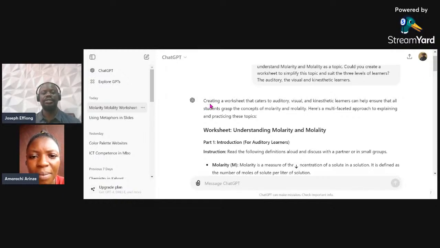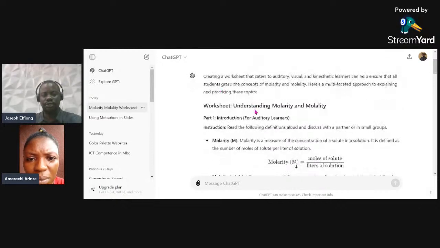Now, ChatGPT begins. Creating a worksheet that caters to auditory, visual, and kinesthetic learners can help ensure that all students grasp the concept of molarity and molality. Here's a multifaceted approach to the worksheet: understanding molarity and molality.